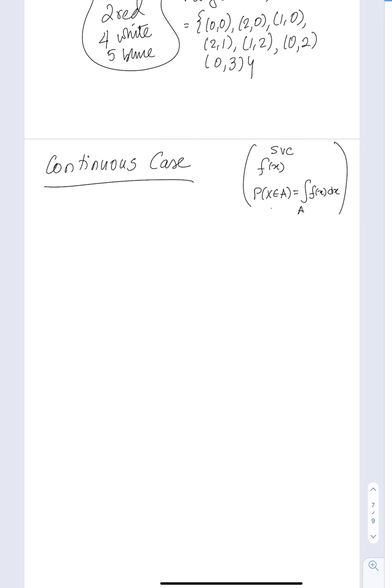Okay, so in the continuous case, when we have more than one random variable, we have some extra stuff going on over here.